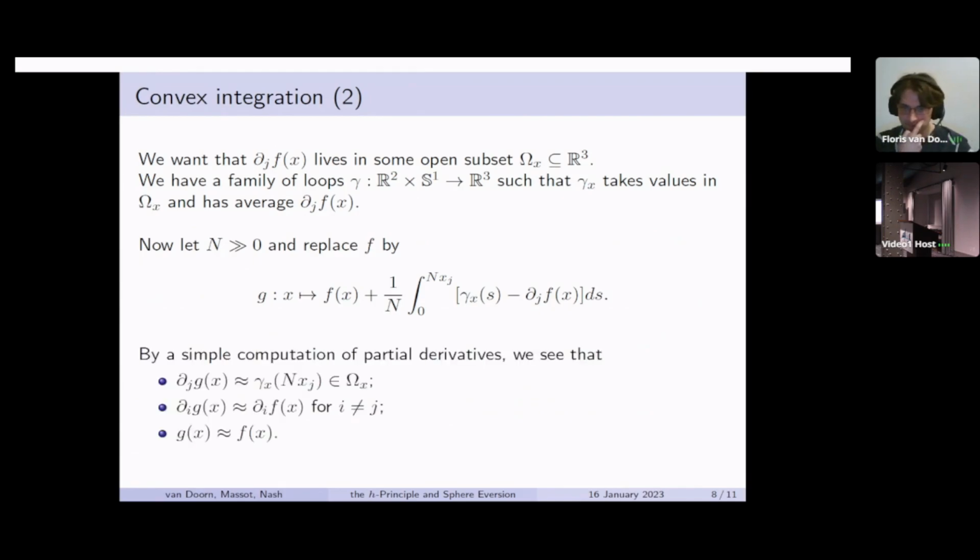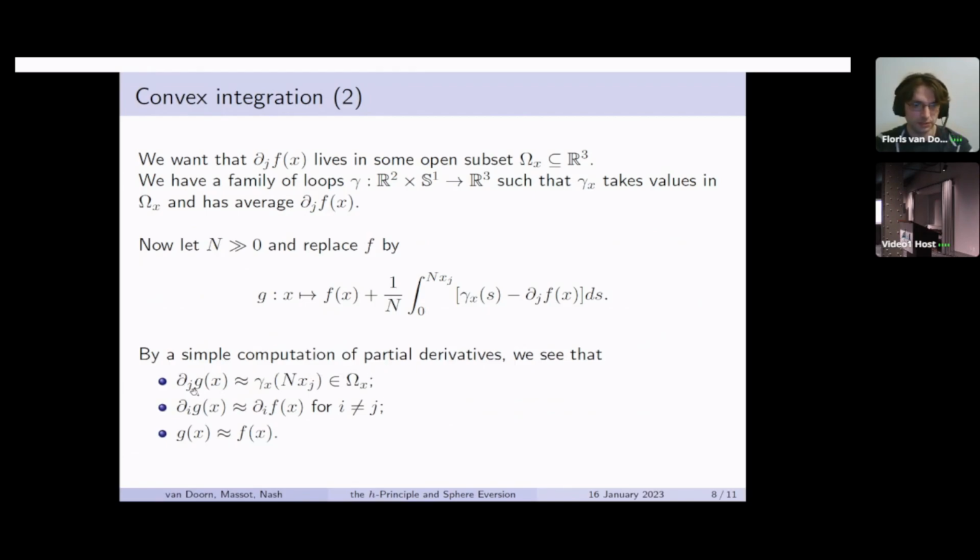And actually, it's quite a simple exercise, just by computing the derivatives of this formula, to see that g has all the properties we want. So the jth partial derivative of g is a value of gamma at a certain point, or at least approximately equal to that, which lies in omega of x.